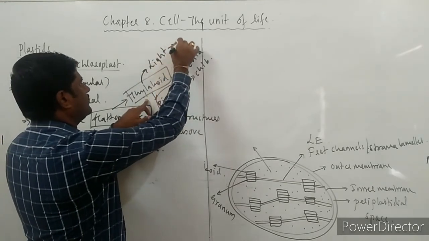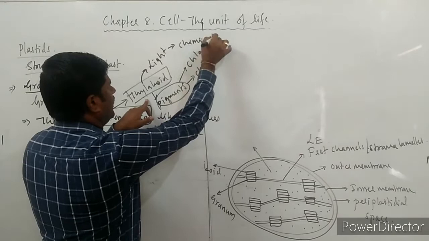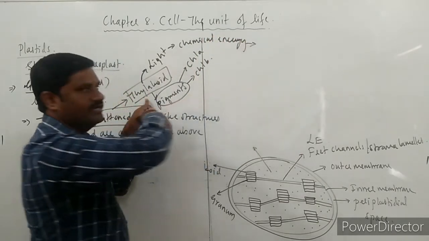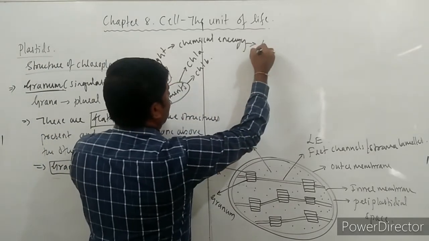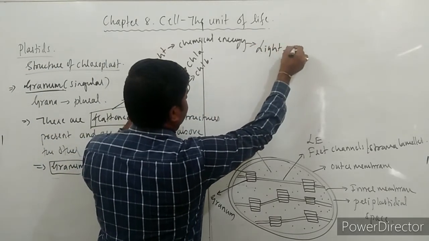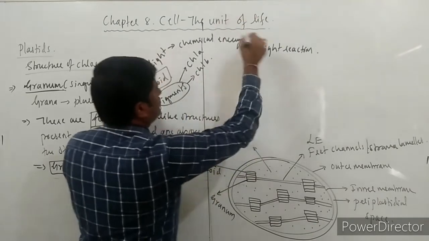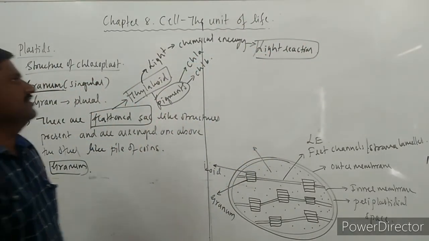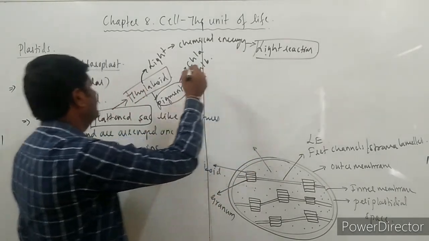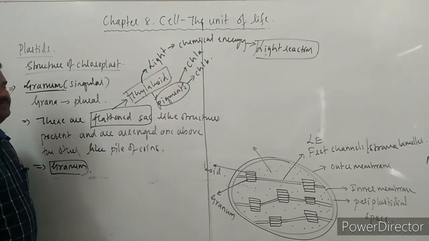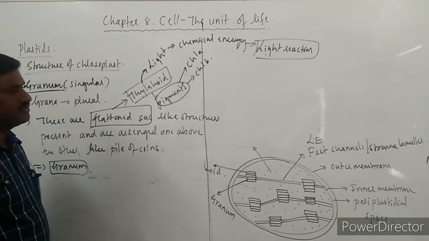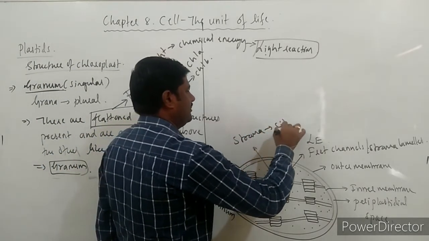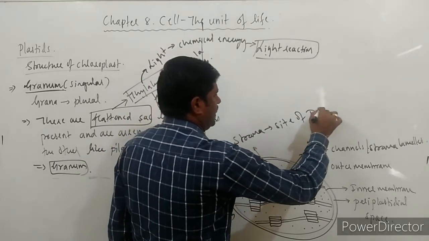Light energy is converted into chemical energy, and the reaction that takes place there is the light reaction. The light reaction takes place within the granum itself. So the thylakoids are the site of light reaction, and the stroma is the site of dark reaction.